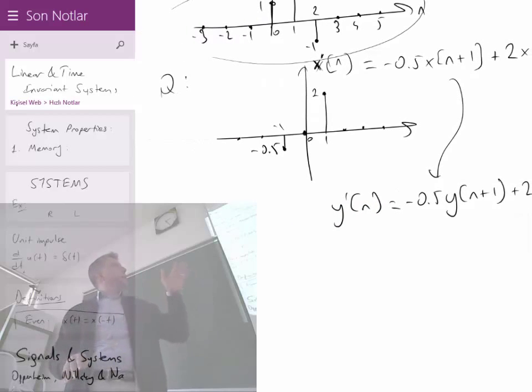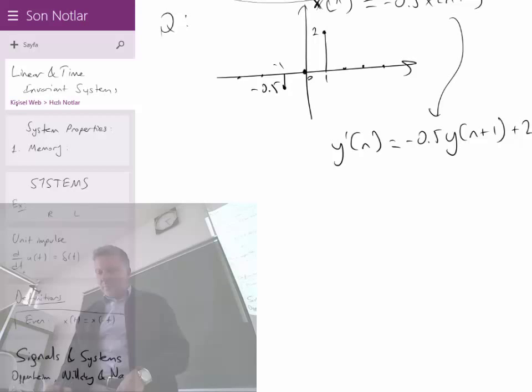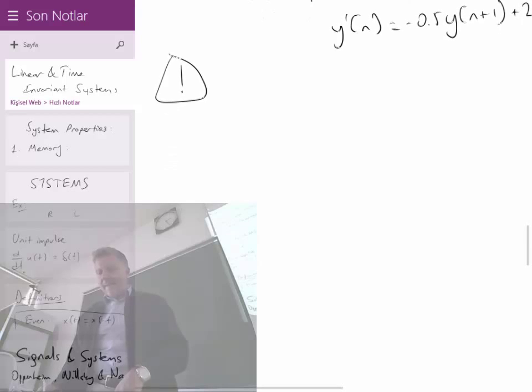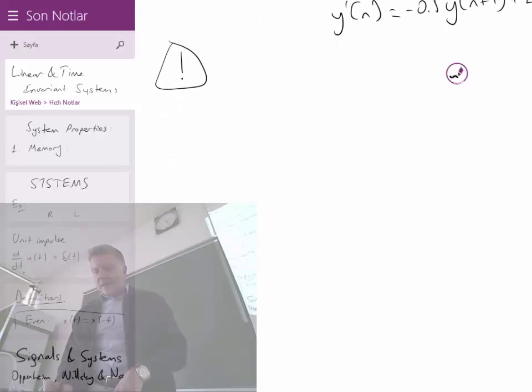Whatever I can think of as x prime, it is representable in terms of this particular x, which is the impulse. And the representation is this. I will say it's like this.